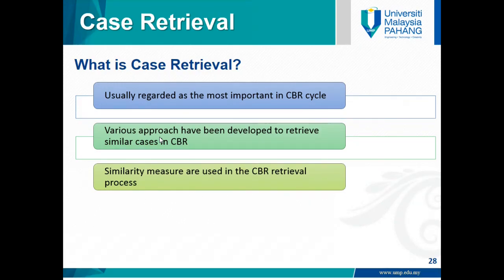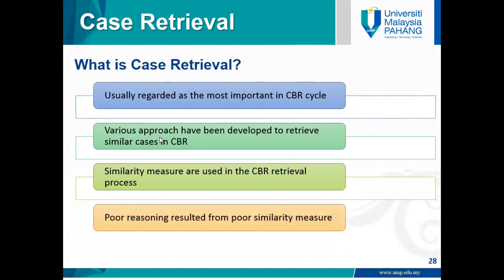Thus, inability to retrieve the same, if not the most similar or quite similar, cases will lead us to poor reasoning, and poor reasoning will definitely lead us to a poor result, meaning that the CBR will fail to produce the right solution for the new problem.